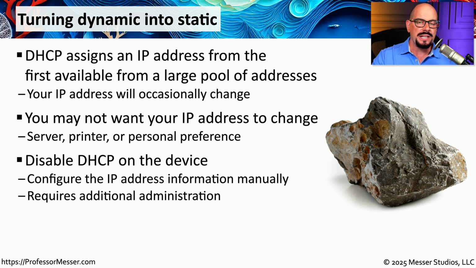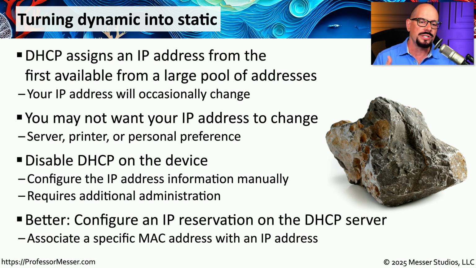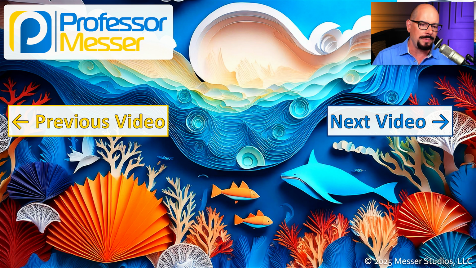You could, of course, disable DHCP on those devices and manually type in all of your IP address configuration settings, but more commonly, we'll use an IP reservation on the DHCP server so that every time you start your router, your switch, your printer, or any of these other devices, they will automatically receive the same IP address from the DHCP server because you've configured an IP reservation.